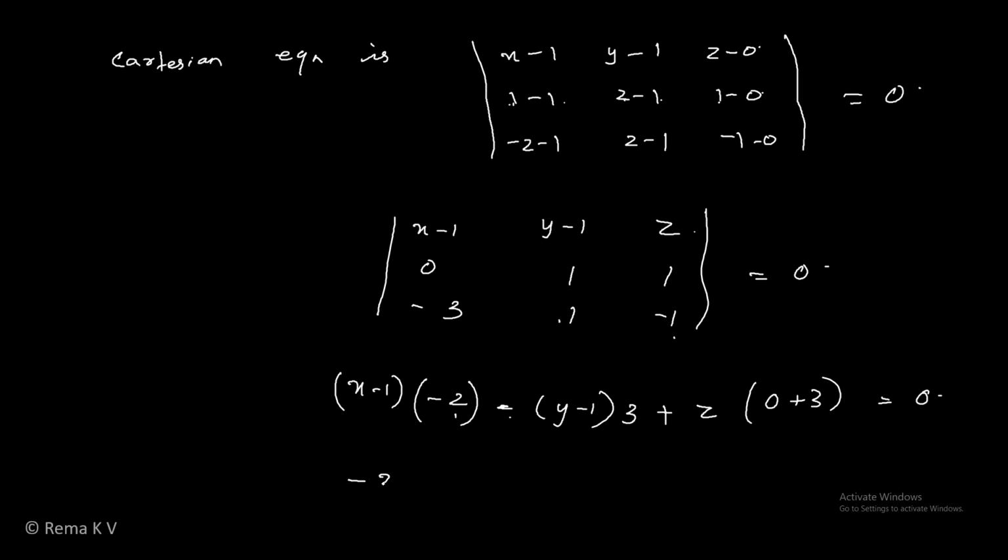This is equal to minus 2x, then minus 3y, plus here z into 0, it becomes 0, then plus 2 plus 3, 5, equal to 0.